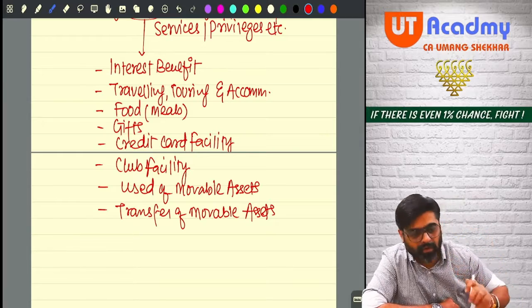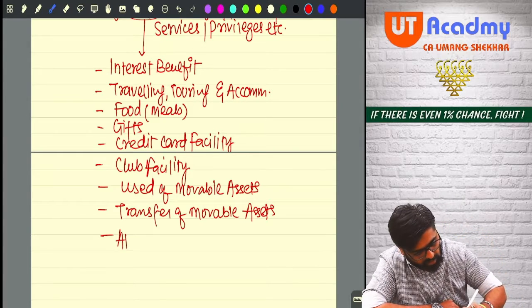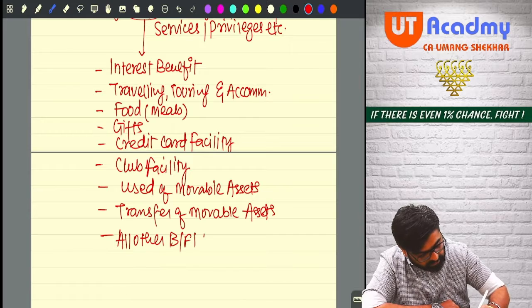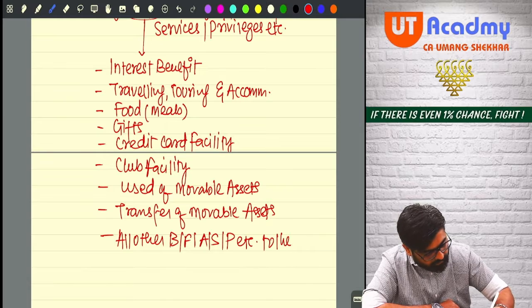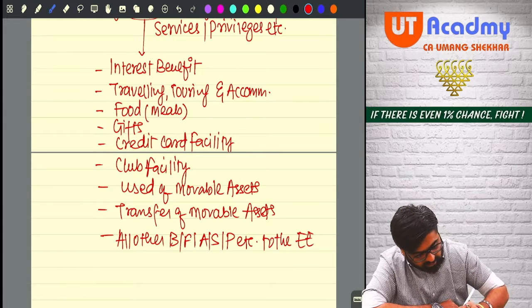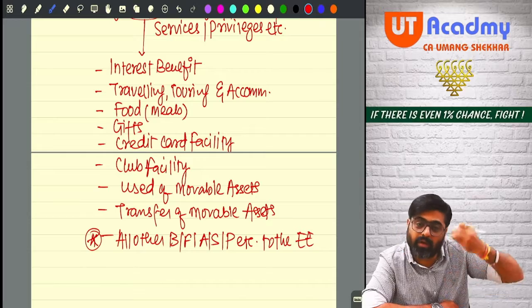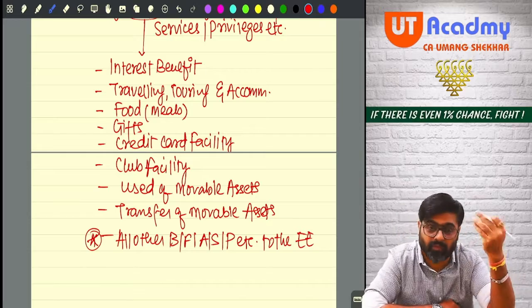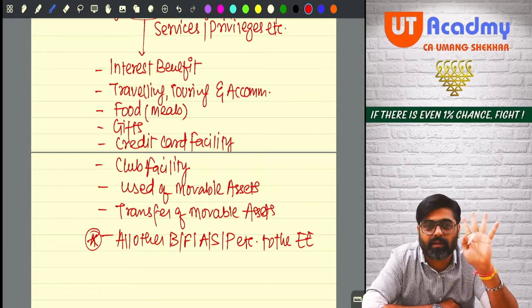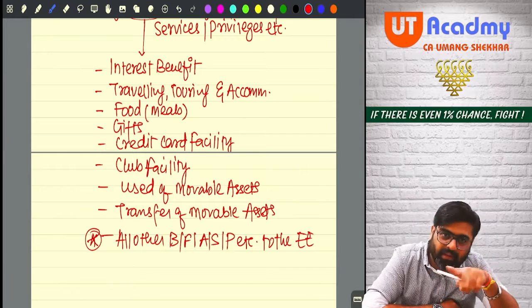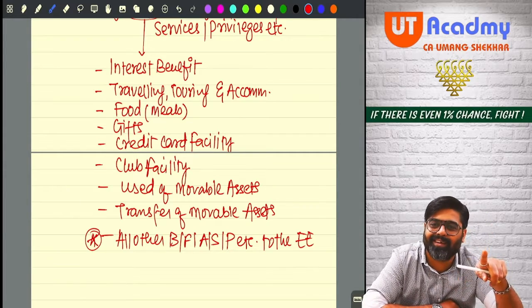So they finally notified all other benefits, facilities, amenities, service, privileges, etc. to the employee. This is the last and residuary category. This will cover all the other benefits. Even if we have not notified, that will be covered here. So now we are notifying the last category. This will take care of everything.